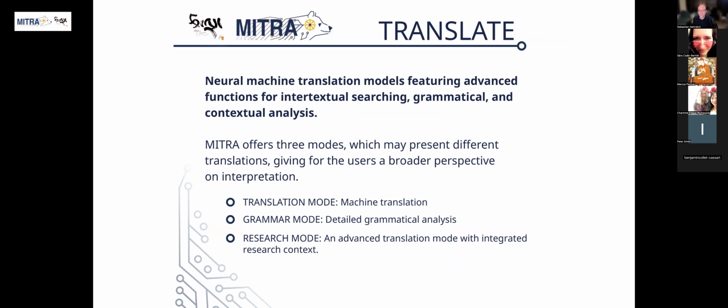All of these three different modes actually offer slightly different translations. This is due to the technological mechanisms involved. The different modes have different emphasis in how the technology works behind that, and for that reason, you will also get a different output. And these main modes are the translation mode, the grammar mode, and the research mode.